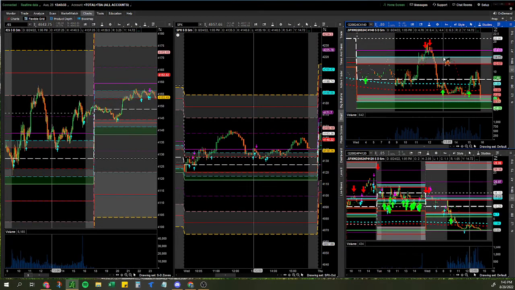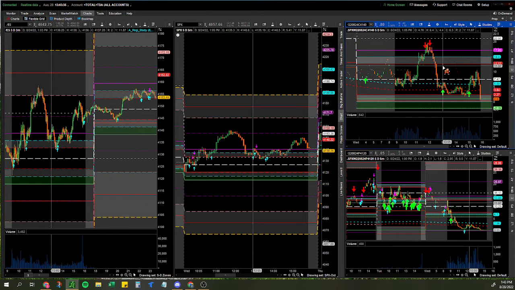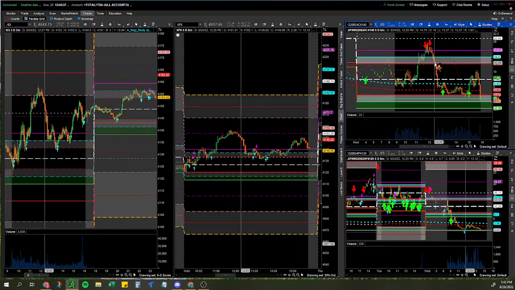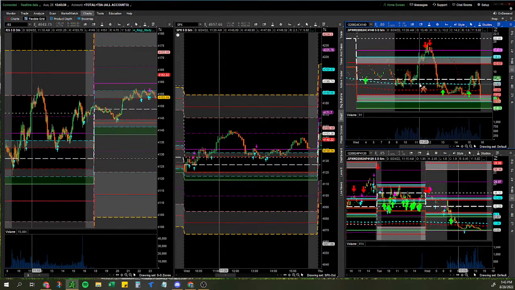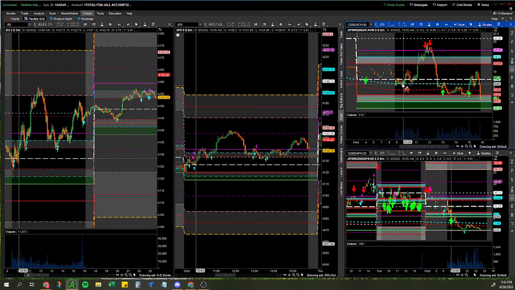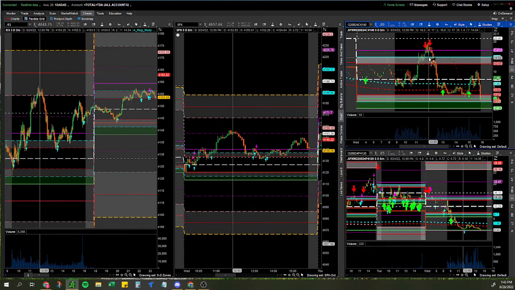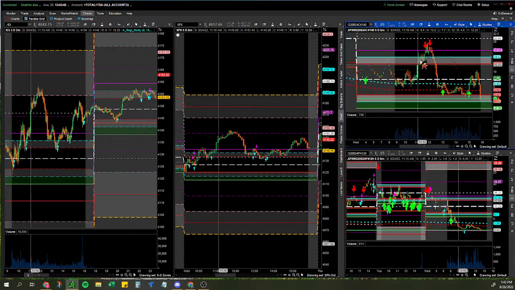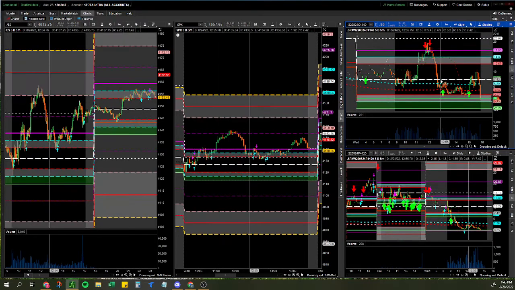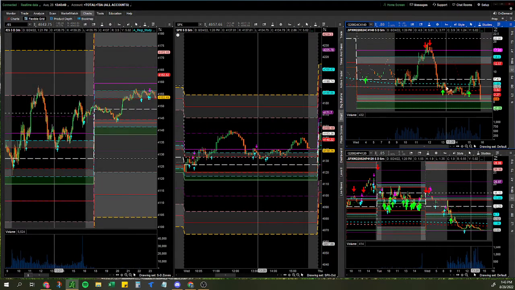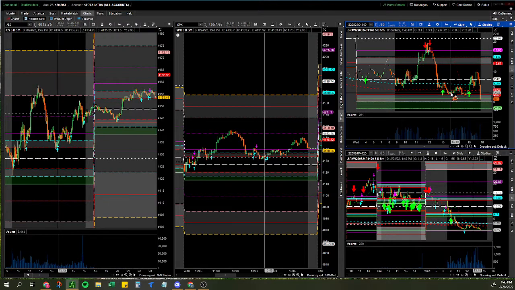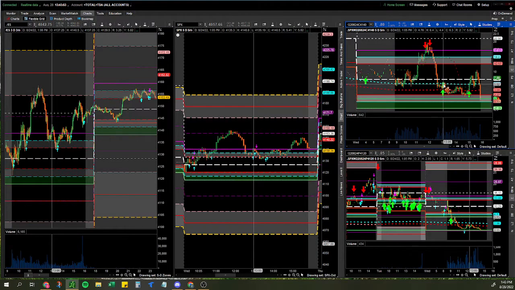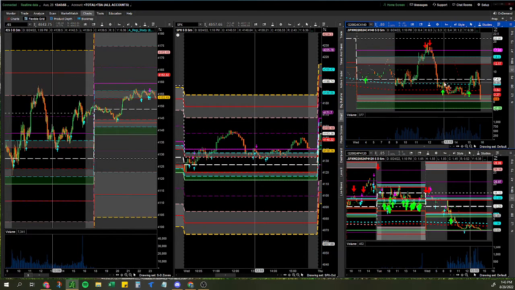All of these levels on the beast tool are meant to be used like support and resistance. Whenever we are below these levels, when we get to them, they can be where we reverse or pivot. Like here, we got below beast. It pops up to beast and can't get through.